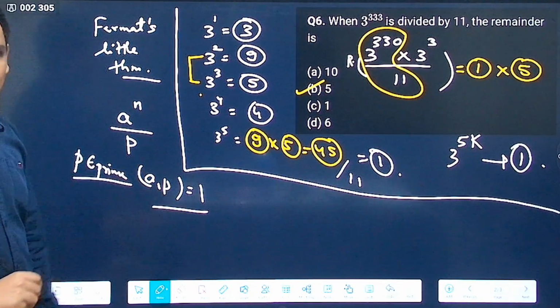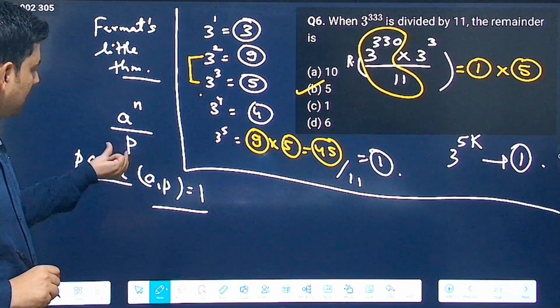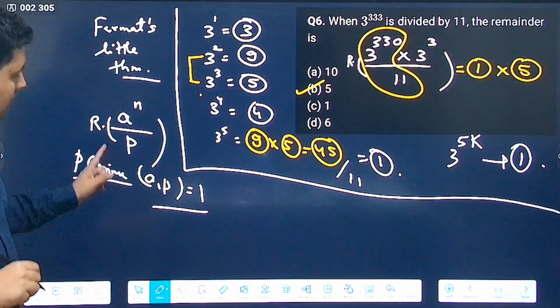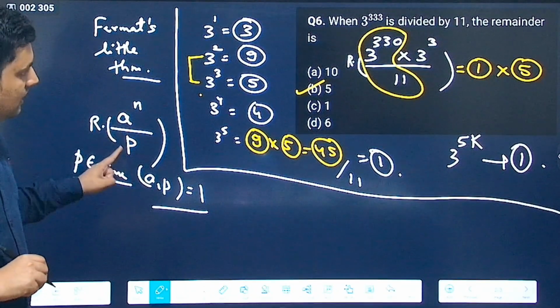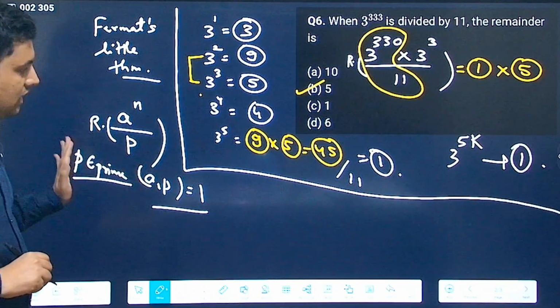Once you get this structure, that is any number not divisible by p, p is a prime number, and the remainder is asked, understand that a to the power p minus 1 will give you remainder 1.